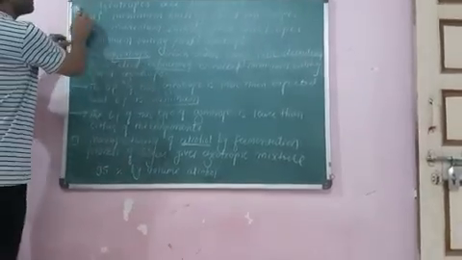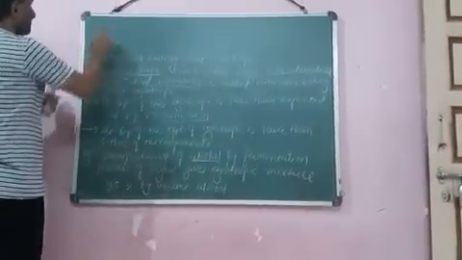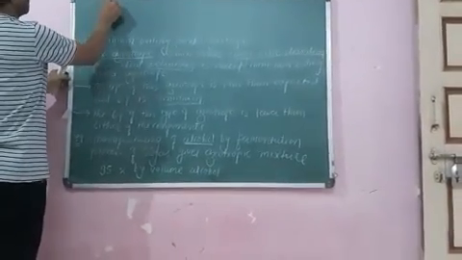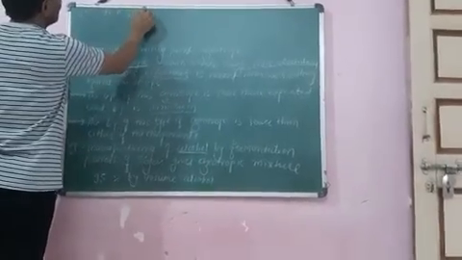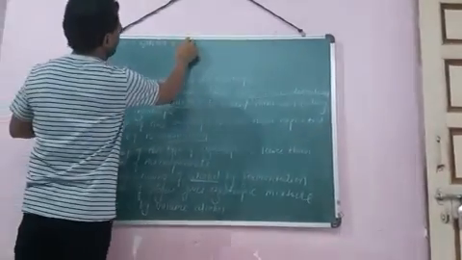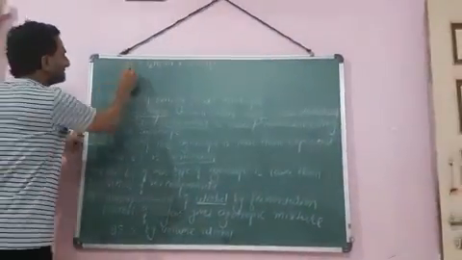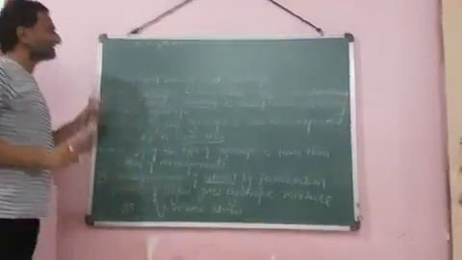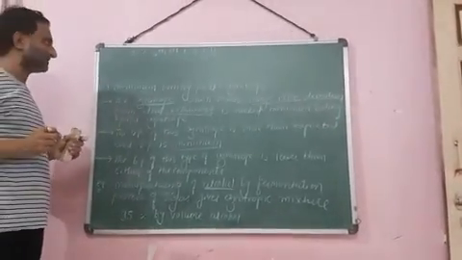What is the meaning of 95% alcohol? It means 95% ethanol, C2H5OH, plus 5% water. And this concept is asked in competitive exams also. Which of the following is the azeotropic mixture?